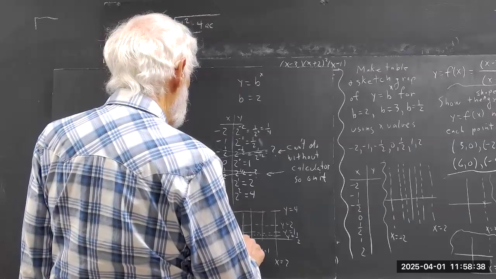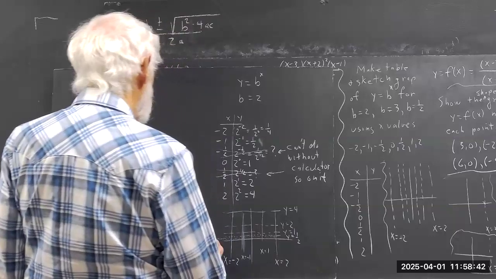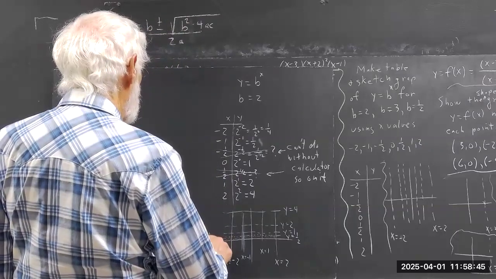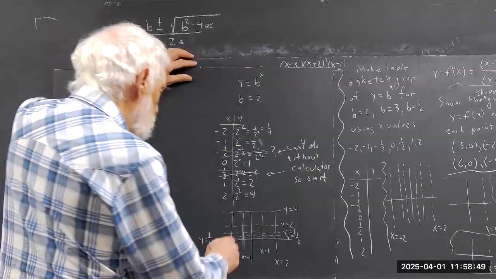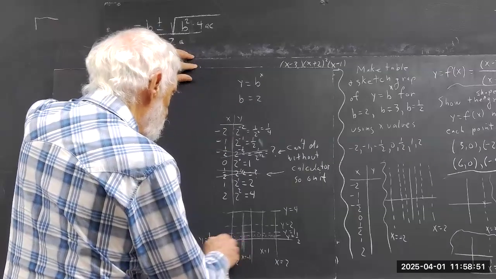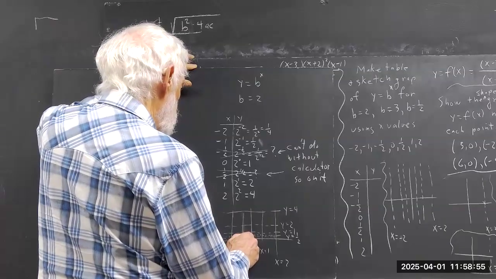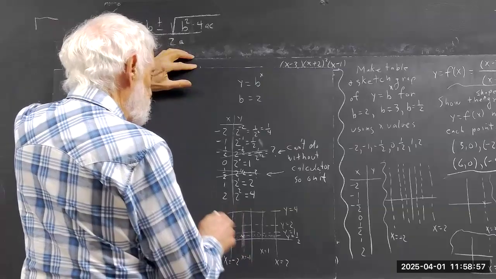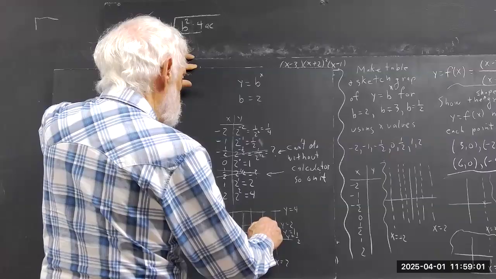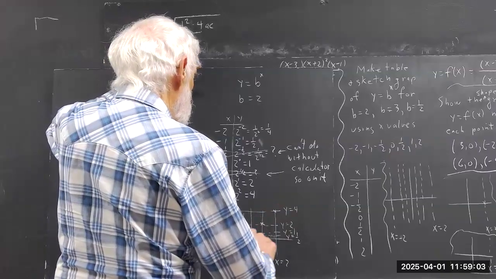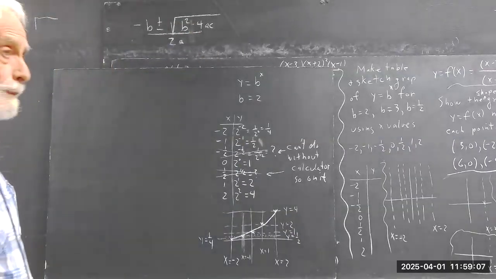And way down here, y equals 1/4. So now we can construct a graph. When x is -2, y is 1/4. That puts us here. When x is -1, y is 1/2. That puts us on the 1/2 line. When x is 0, y is 1, puts us on the y equals 1 line. Then we're on the y equals 2 line. Then we're on the y equals 4 line. And there's our familiar graph of the exponential function.